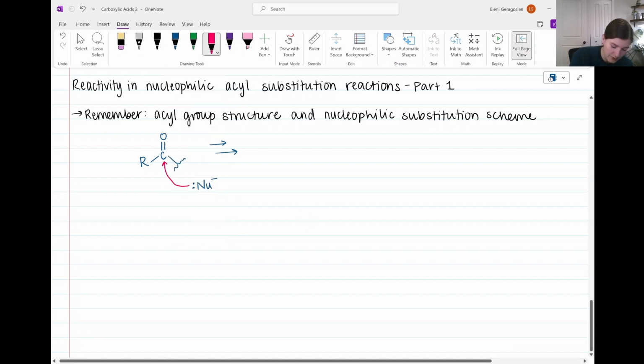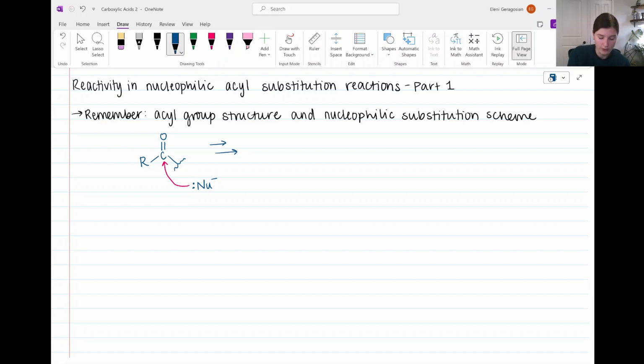So this is a nucleophilic addition step, but we also call it nucleophilic substitution because after a couple of steps, this is not the complete mechanism, we've now substituted whatever this group is for the nucleophile. So now the nucleophile is present here. So this is a very general reaction scheme.